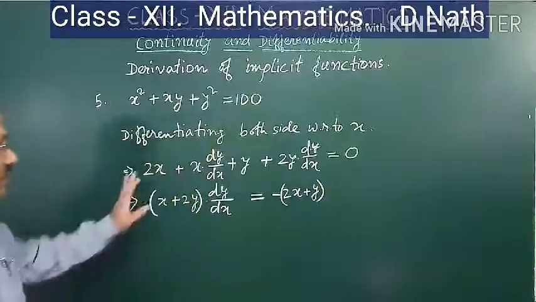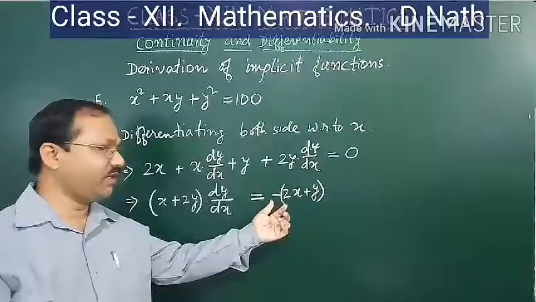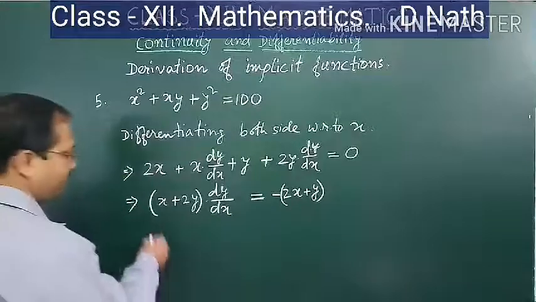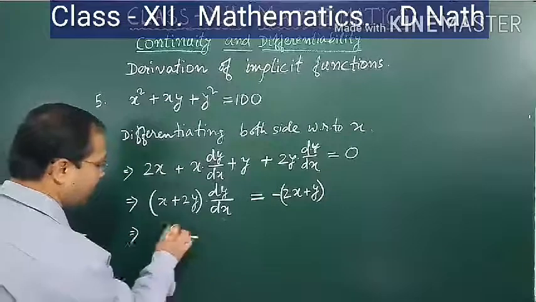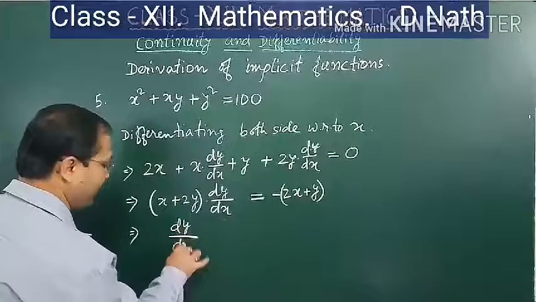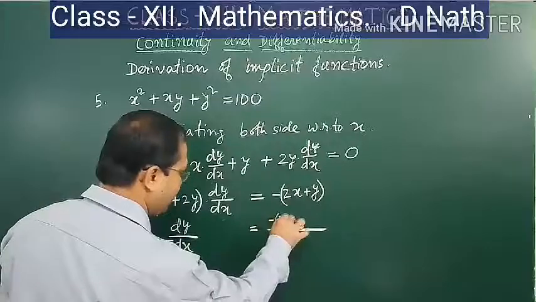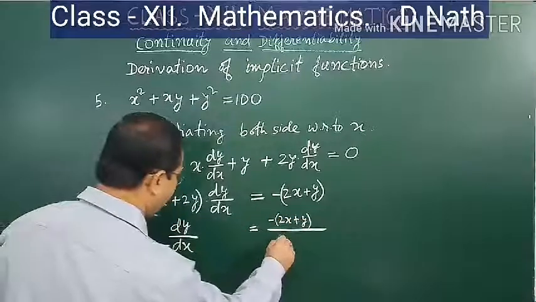Okay, the 2x and this y we are shifting to the other side, so it will become minus, both are positive here, so the side is minus 2x, minus of 2x plus y. Now dy dx we will find. What will be dy dx? dy dx is equal to minus 2x plus y by x plus 2y.